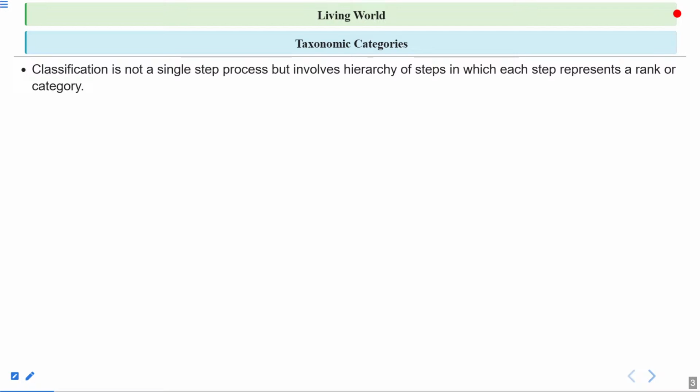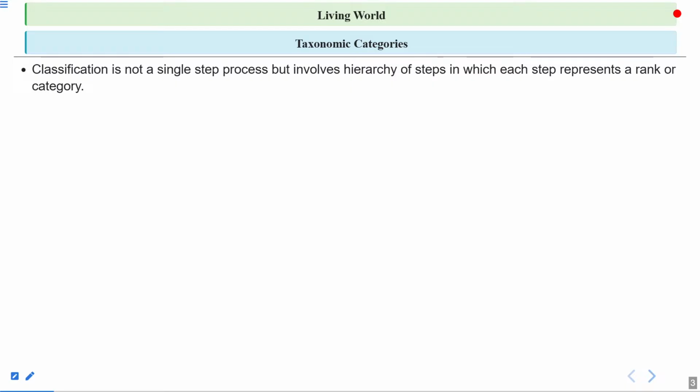So what does classification mean? Classification is the grouping of organisms into categories based on common characteristics, or based on shared characteristics, or you can say based on similar characteristics.